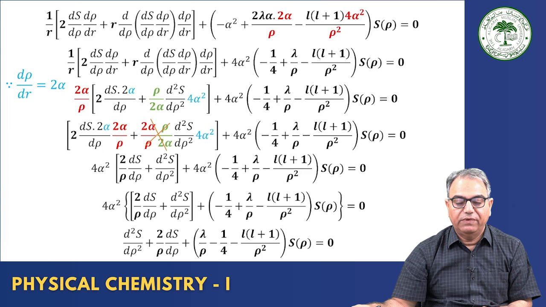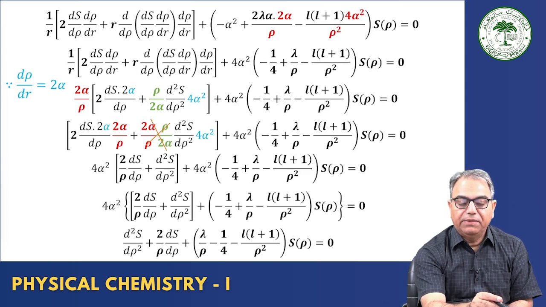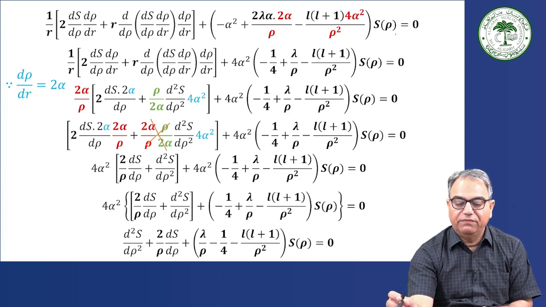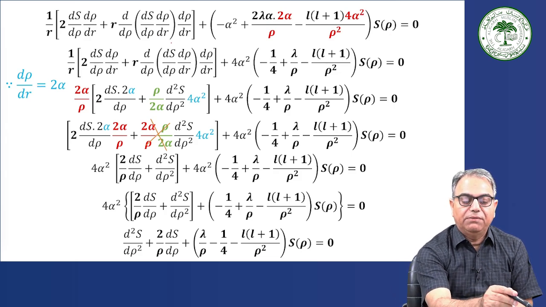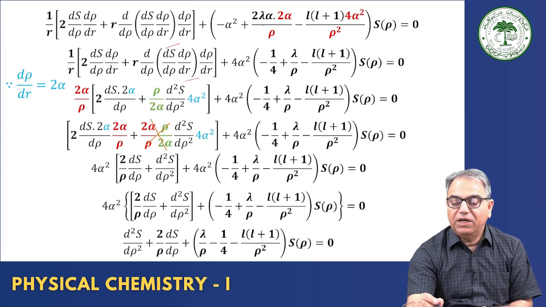So, what do we get? Now we have 1 by r 2 ds divided by d rho. This is the same equation, minus alpha square 2 alpha divided by rho, same equation as we got. Okay. Now, what we have taken is the first part of the equation, that is 1 by r 2 ds divided by d rho and d rho divided by dr, plus r d by d rho, ds divided by d rho by dr, d rho by dr. This part has no changes. But here you have 2 into 2, 4, alpha into alpha is alpha square.